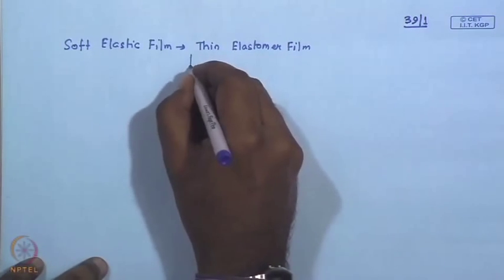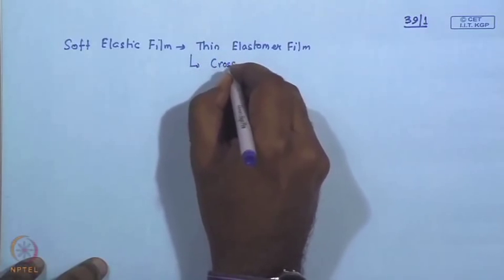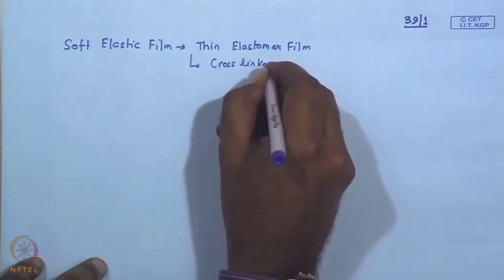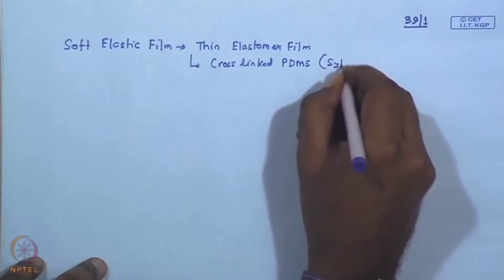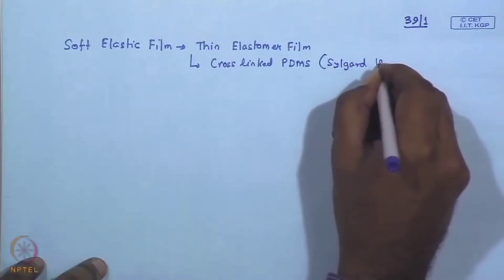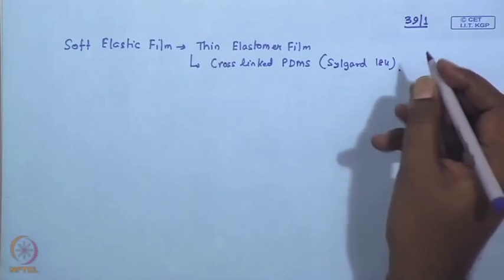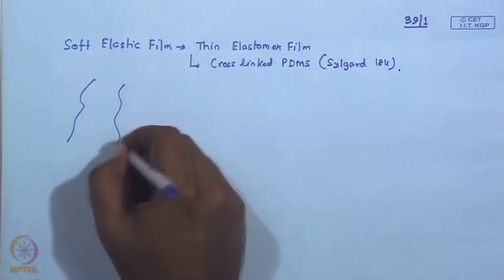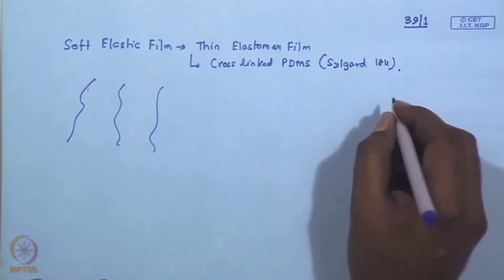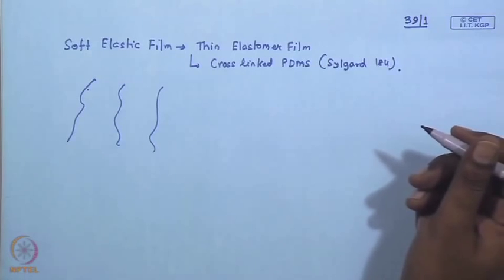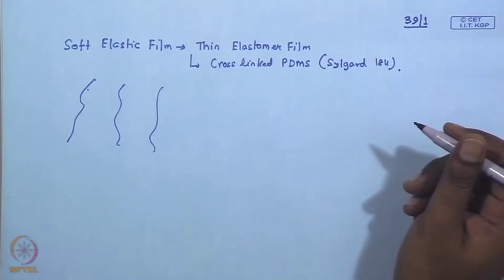Cross-linked PDMS is a perfect example of an elastomeric thin film. Unlike a polystyrene or a PMMA film, which are essentially linear chain molecules, frozen in a glassy state at room temperature, if you heat them beyond their glass transition temperature, they behave like a liquid.